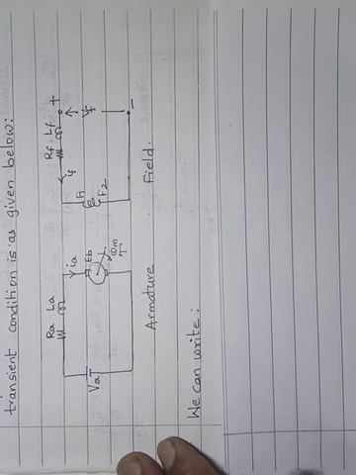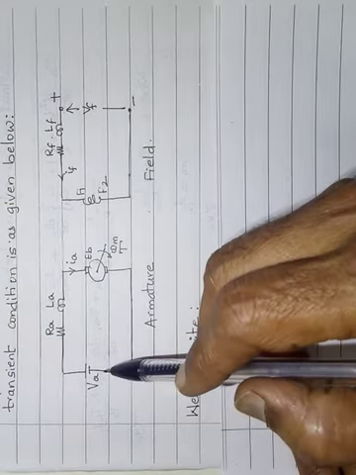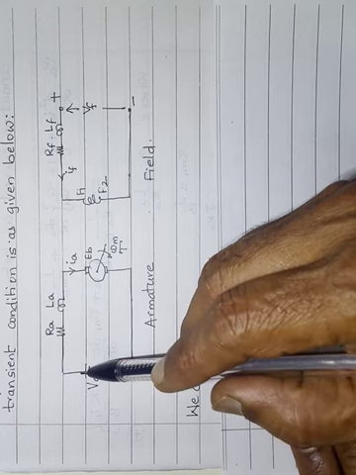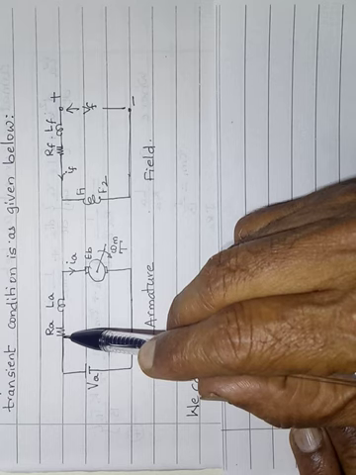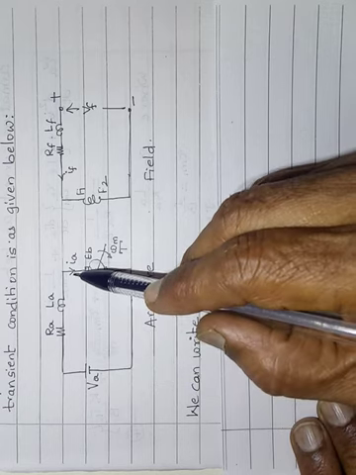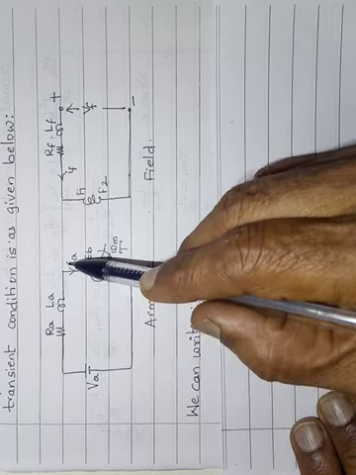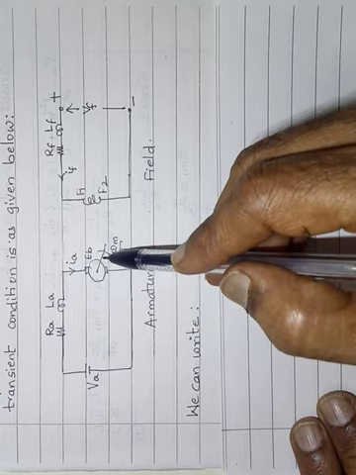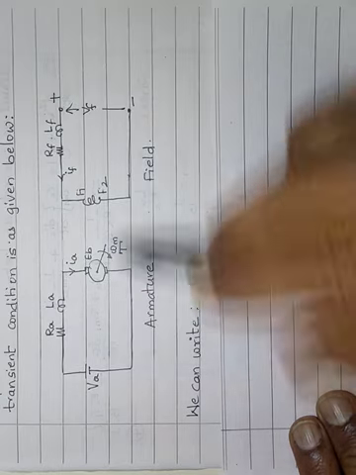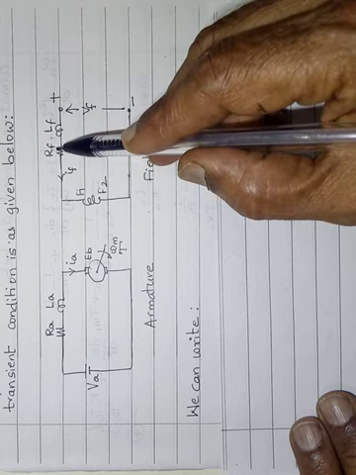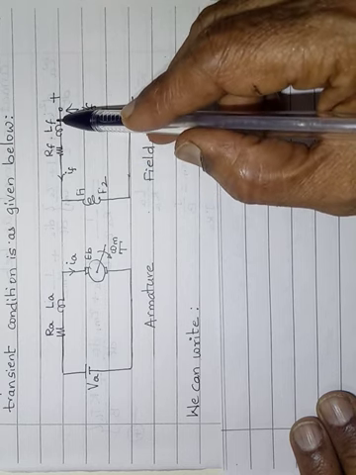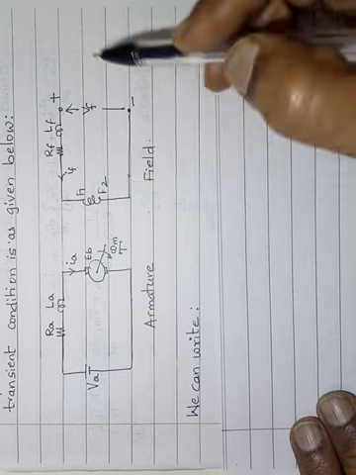So I can write KVL for this. What will that KVL look like? Tell me. VA equal to IA RA plus LA dIA by dt plus EB. Am I right? VF equal to IF into RF plus LF into dIF by dt.